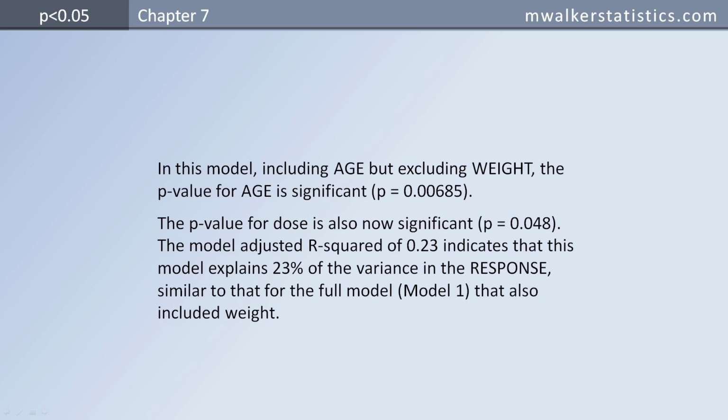P equals 0.00685. The p-value for dose is also now significant. P equals 0.048. The model adjusted R squared of 0.23 indicates that this model explains 23% of the variance in the response, similar to that for the full model, Model 1, that also included weight.